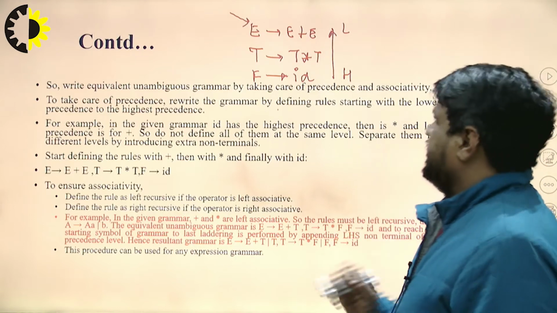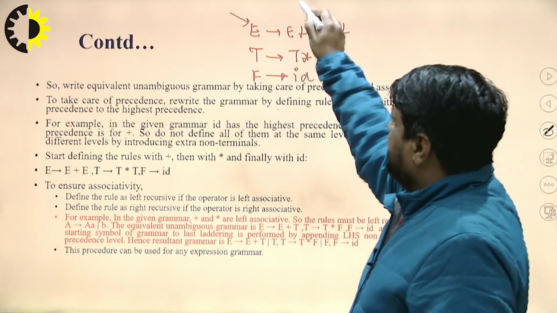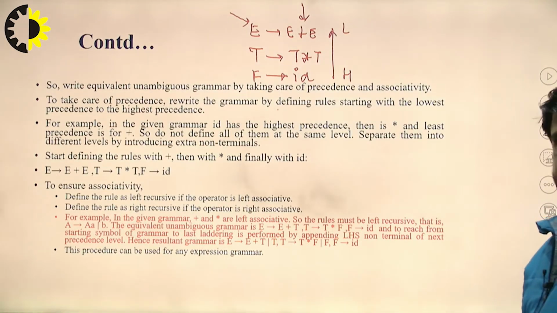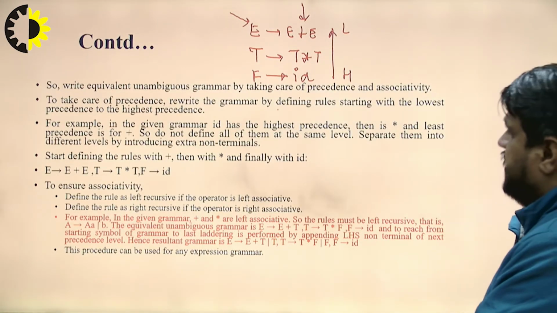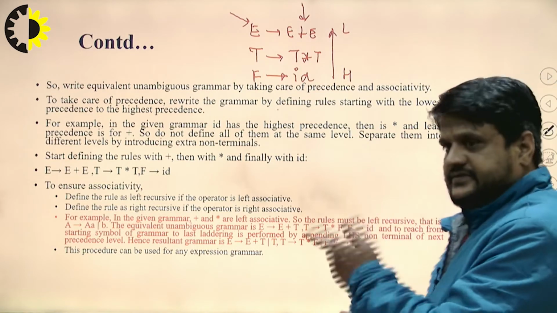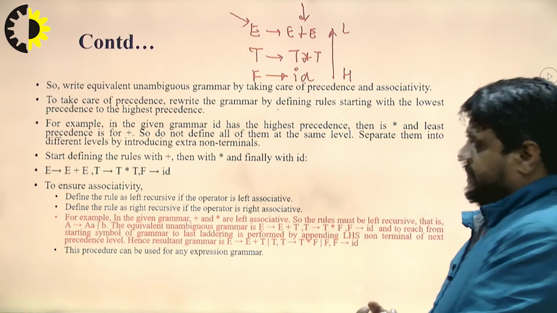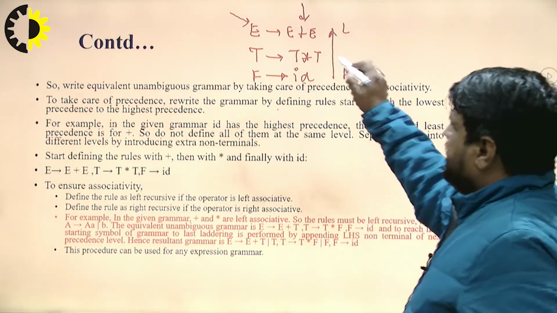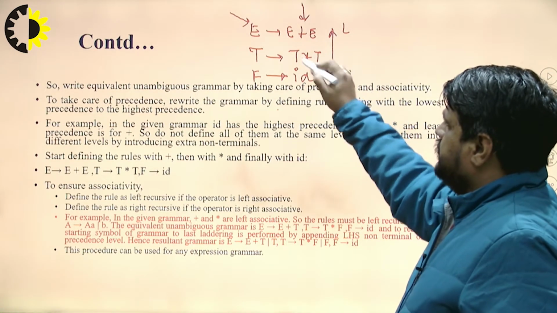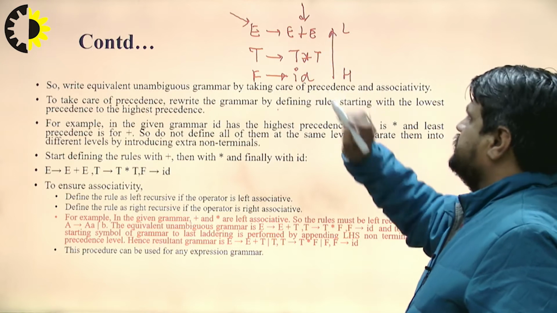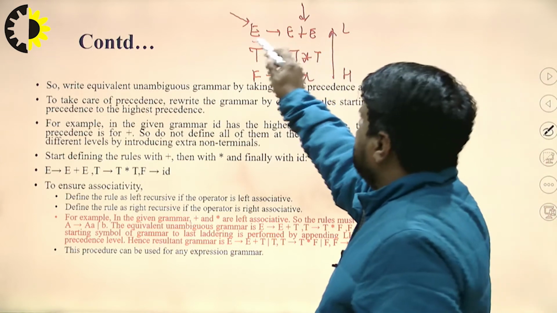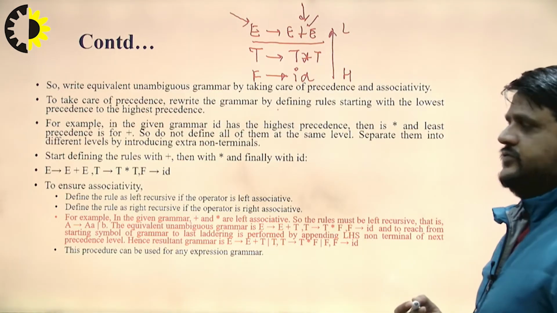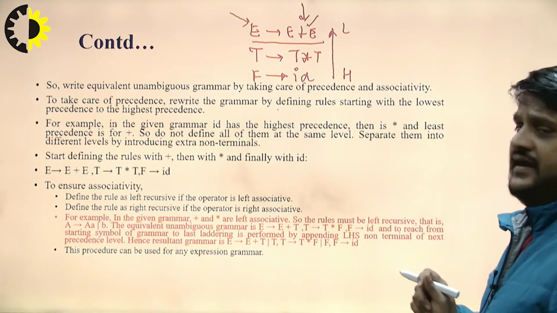Inculcate the associativity. If the operator is left associative, then make the productions left recursive. If the operator is right associative, then you have to make the productions corresponding to that particular new grammar right recursive. Now, this particular plus operator is left associative. So what you have to do is convert it into left recursive.